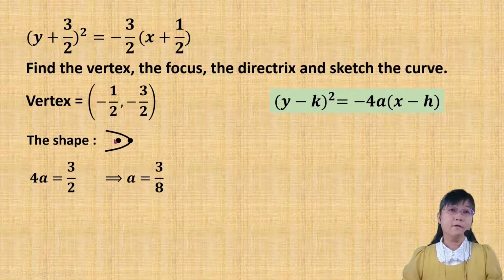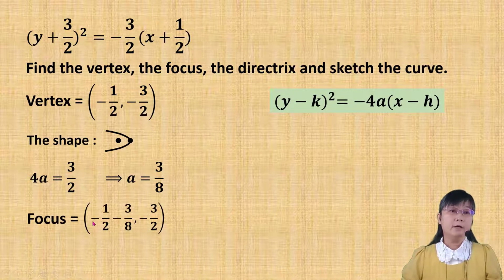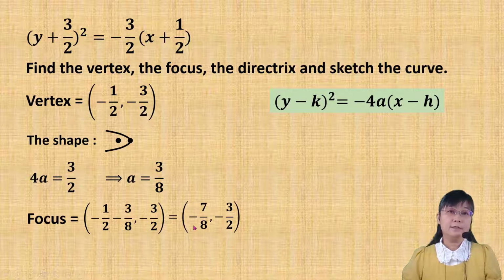Because the focus is on the left hand side of the vertex, the value of x will change. So the coordinates of the focus are negative 1 over 2 minus a, negative 3 over 8. Therefore, the focus is negative 7 over 8, negative 3 over 2.